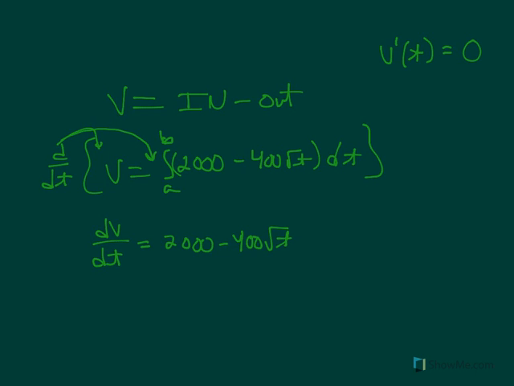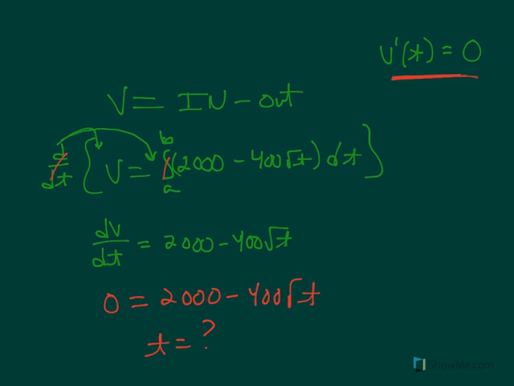Where the mins and maxes occur, the first derivative is 0, so we'll set that equal to 0 and solve for t. You want to find that time value.